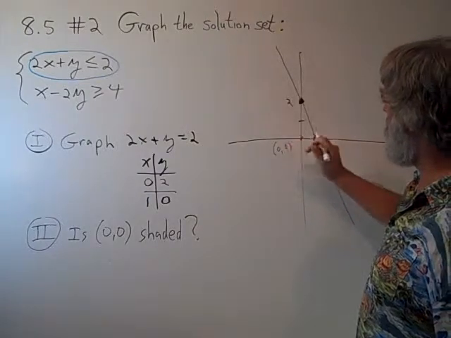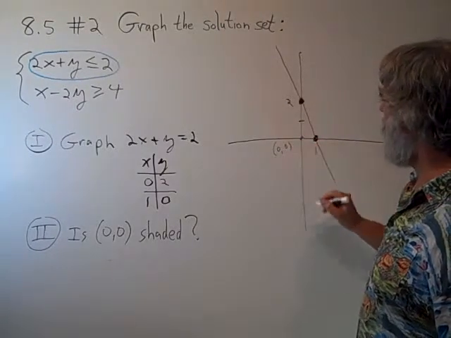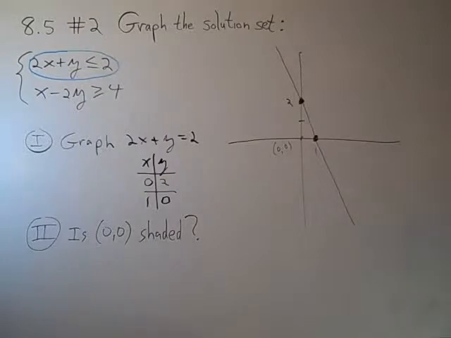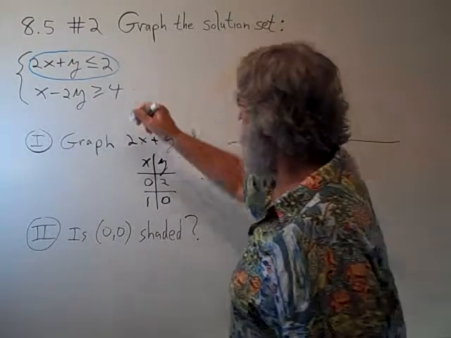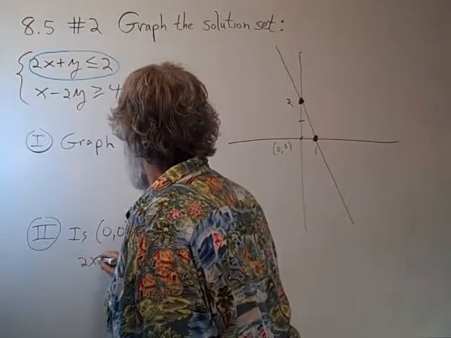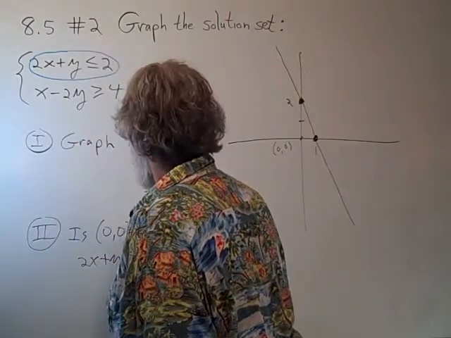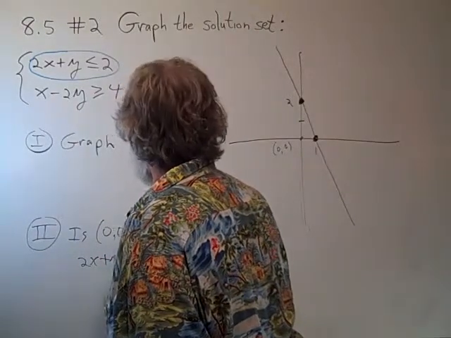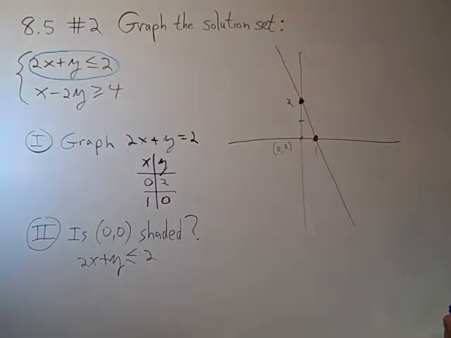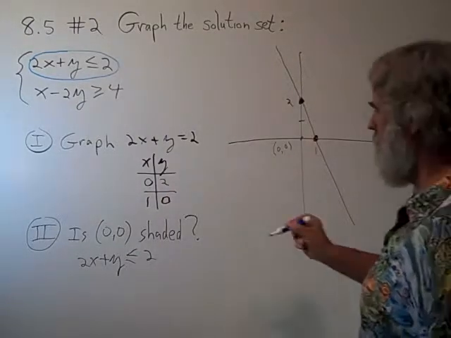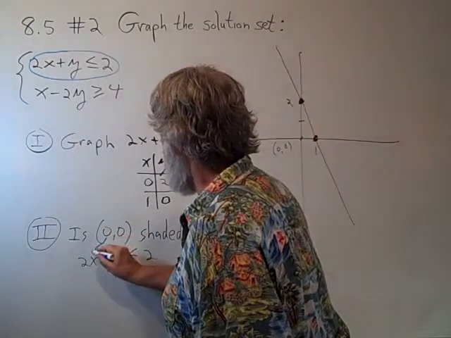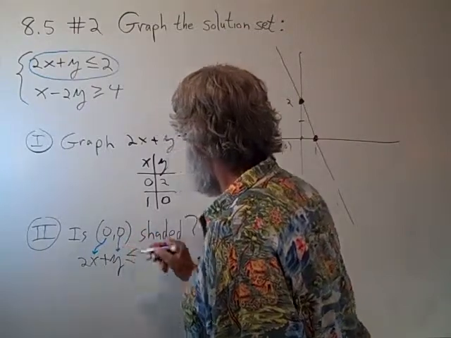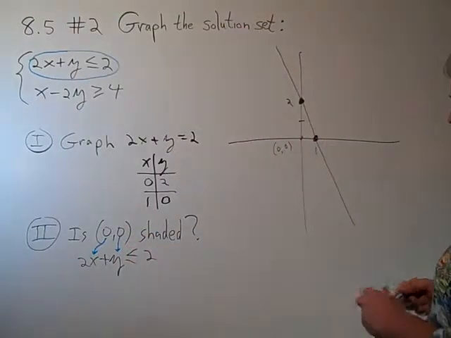And to answer the question, is it on the shady side of this line? We take the original inequality, 2x plus y less than or equal to 2, and see if it's true. And we plug in x equals 0 and y equals 0 into the inequality.